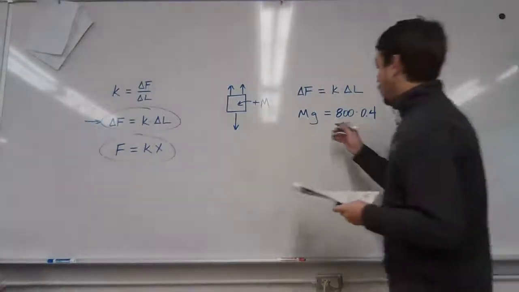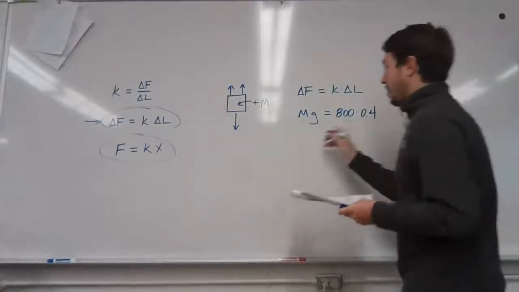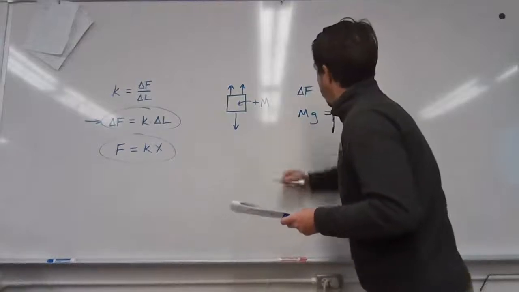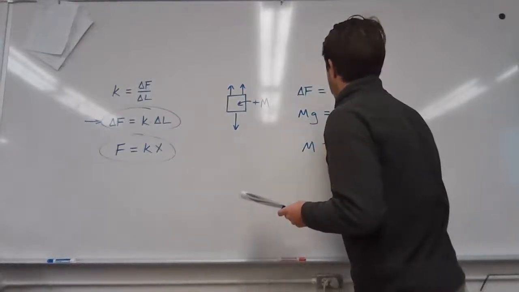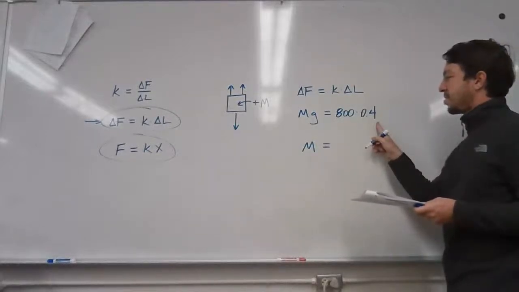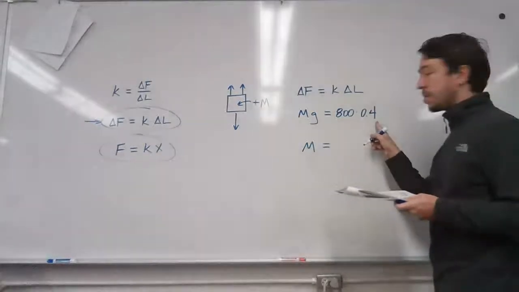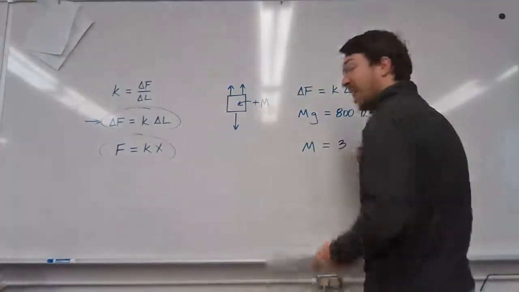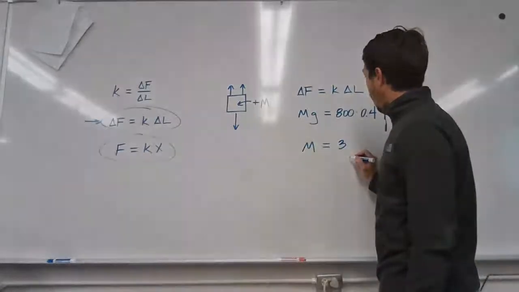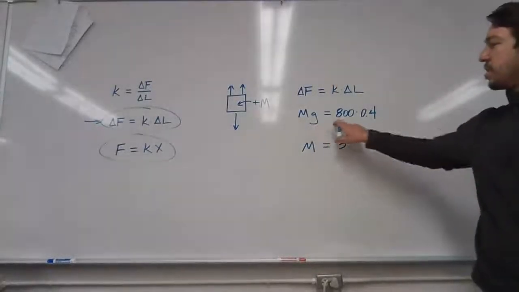Okay, so what's the answer? Again, this is pretending it's just one spring we're thinking about, the mass, that looks kind of like a mu, sorry. The mass would be, anyone have a calculator? Tell us what that is. Oh yeah, it's like 30 something. 32. You gotta divide by g.